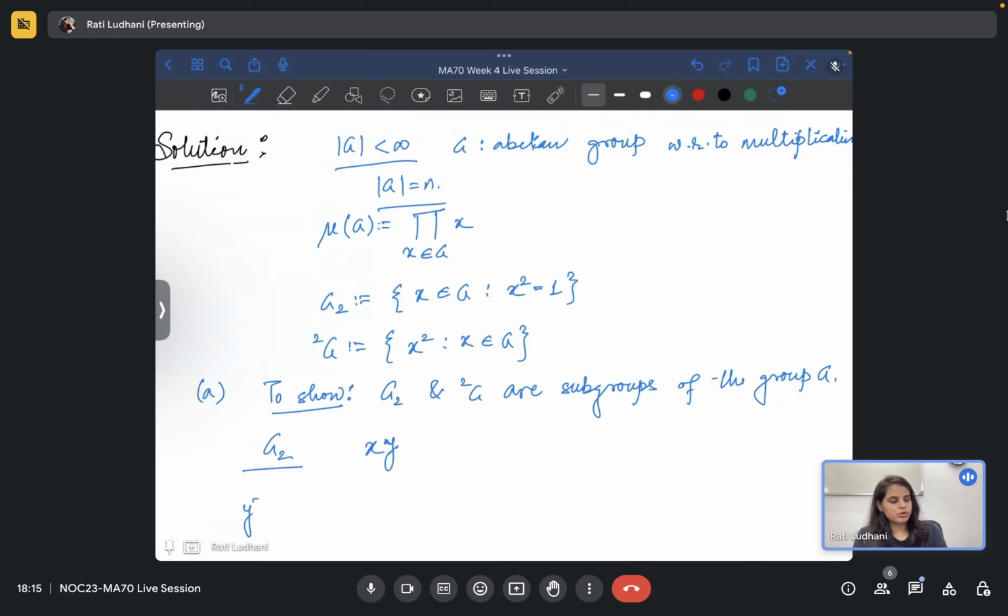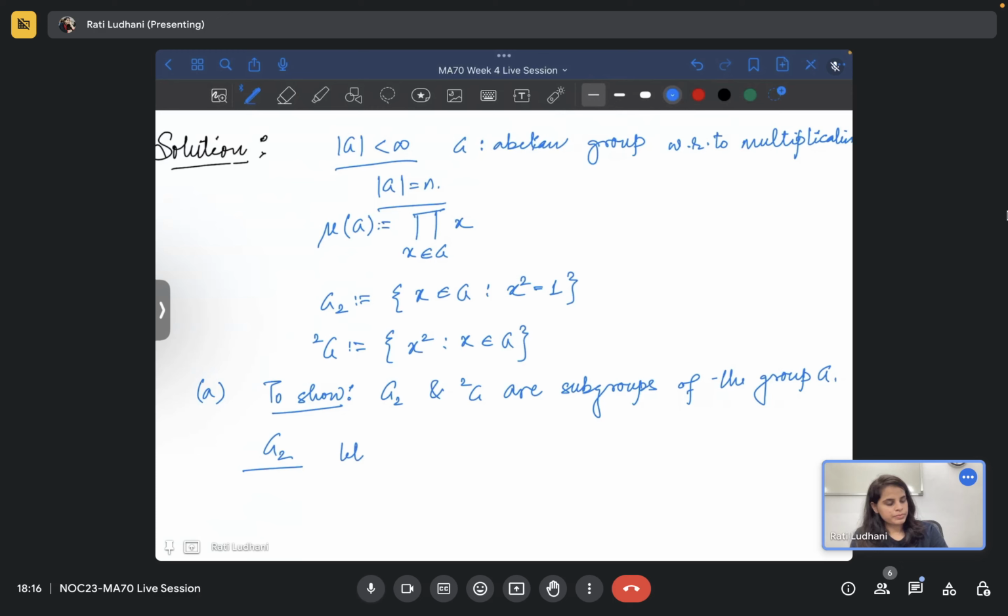If it is finite, then the inverse is some power of the element, so we don't need to really check it for inverses.